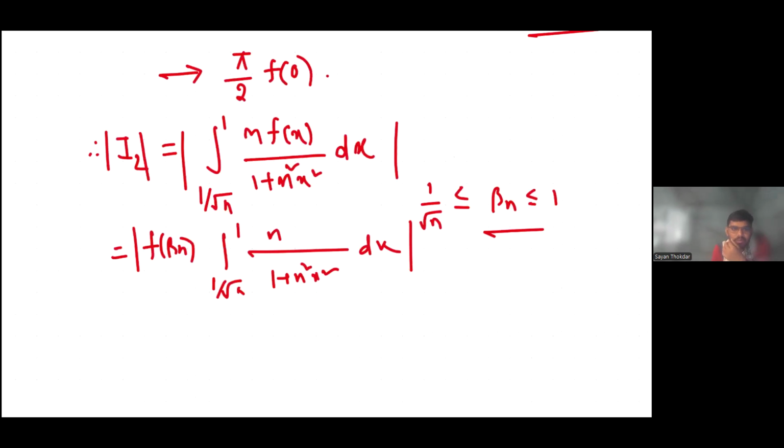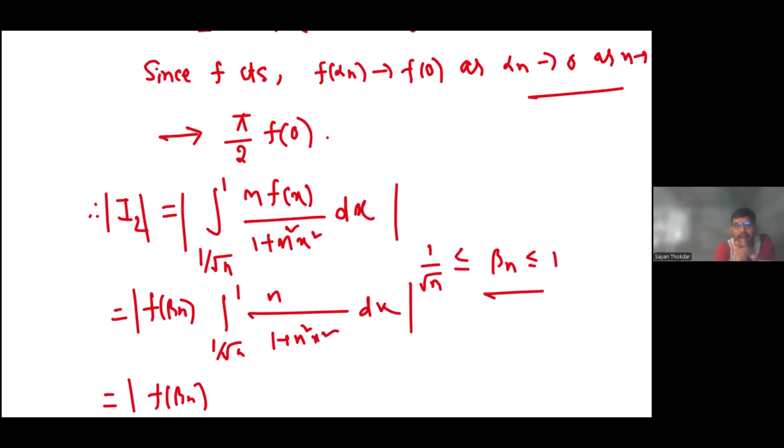Think about the modulus of f of beta n, and just calculate these things again. Calculate by substituting nx by u.